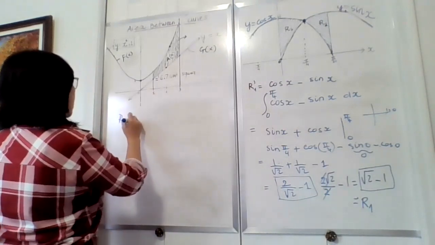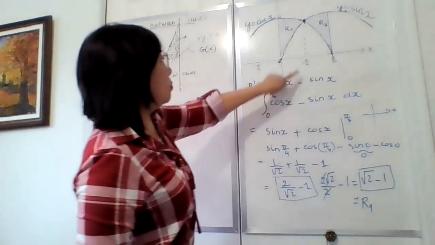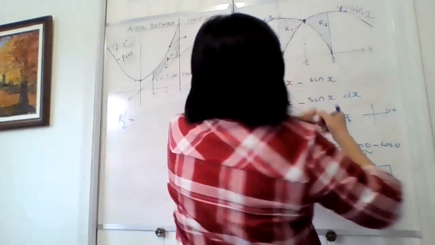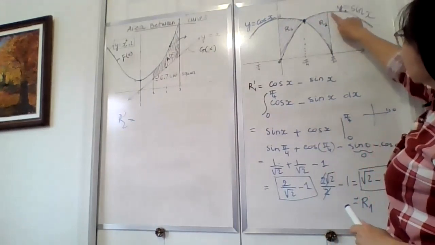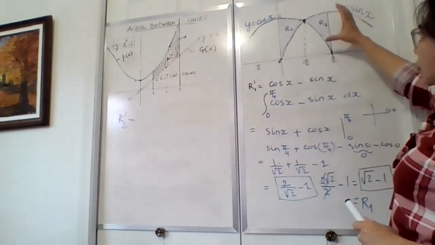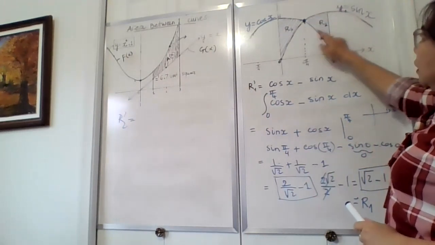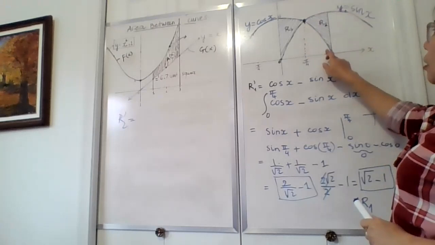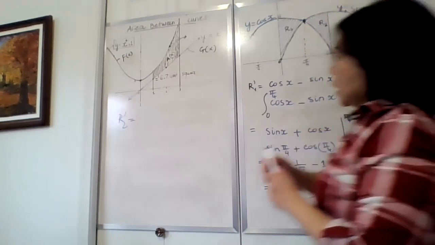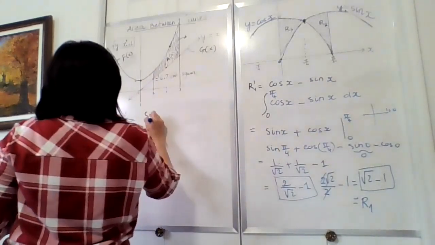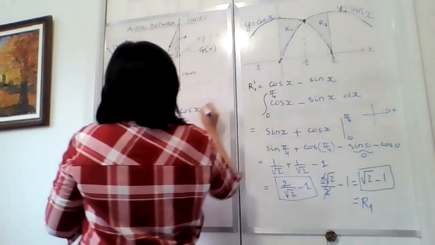Our R prime 2 region: the function sine x is above, and the function cos x is below. So we have to use sine x minus cos x, so it will be sine of x minus the cos of x.